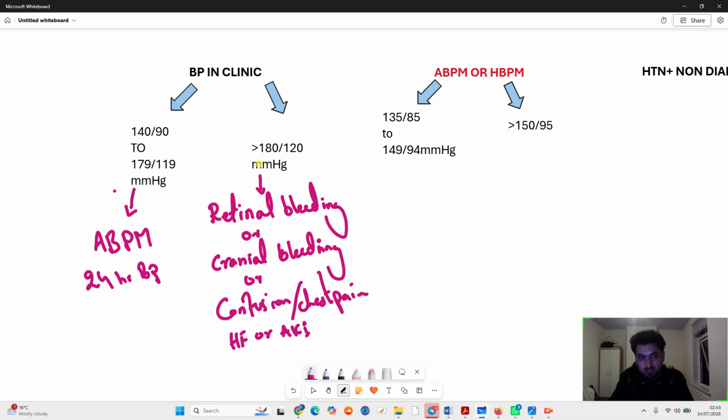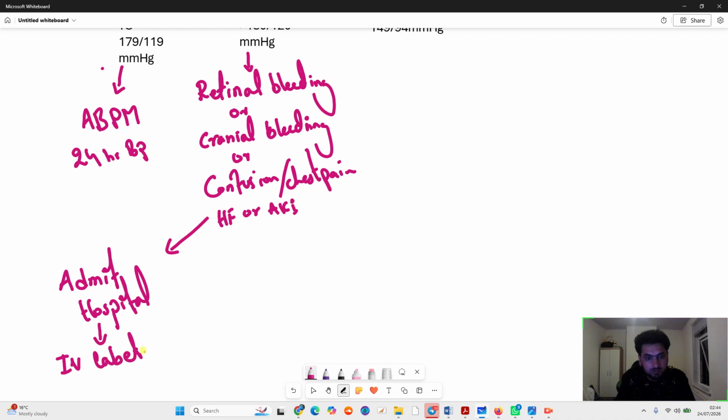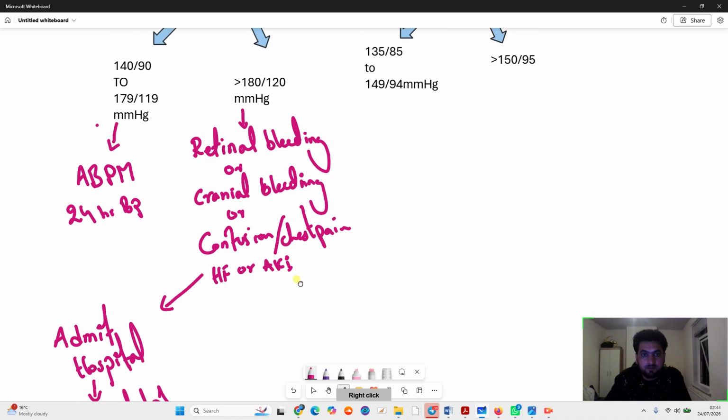If the patient comes with this range and has one of these, it is an emergency situation and you have to admit this patient and treat them in a hospital. You can start IV labetalol, and you can proceed with more antihypertensive medicines.